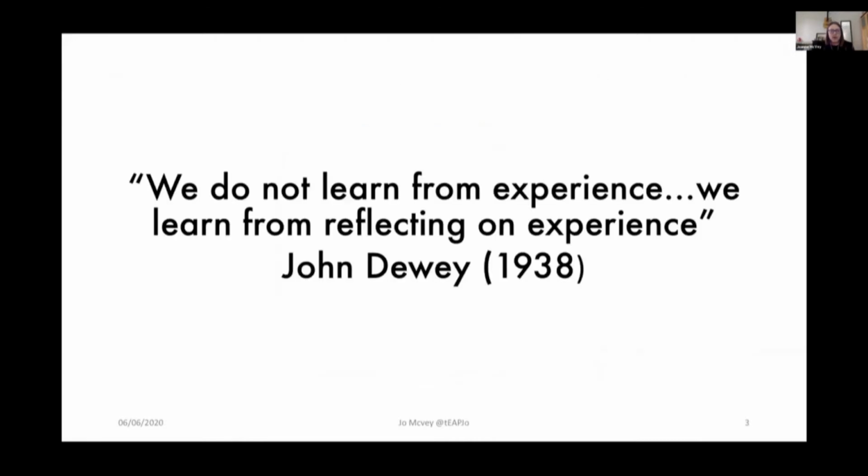This is a quotation from John Dewey, who is a very famous educational theorist. Although this quote is from way back, like 1938, I think it's still really relevant because he looked at traditional and progressive education, and he looked specifically at reflection. A lot of what we're doing when we're reflecting is, of course, looking back.